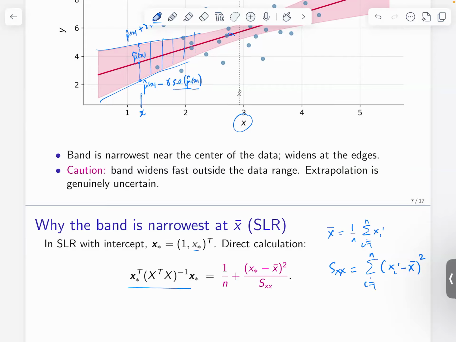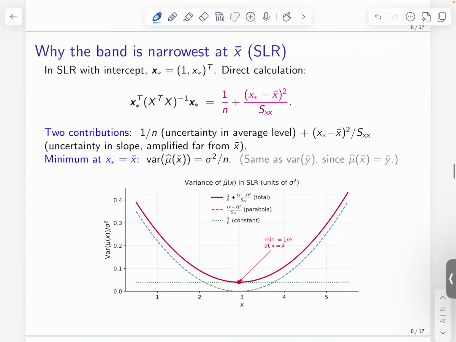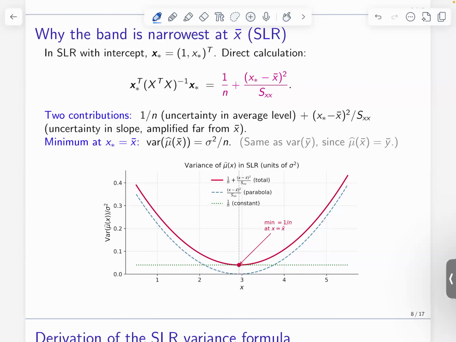As you go further away from x bar, this is the plot. 1/n is this constant line here, and the other term, plotted as a function of x star, would be that dashed line. If you add them up, you get that red curve. It's minimum at x bar, and as you move away, it starts to grow quadratically. It's a quadratic function. That's the quadratic feature of these bands that you see.